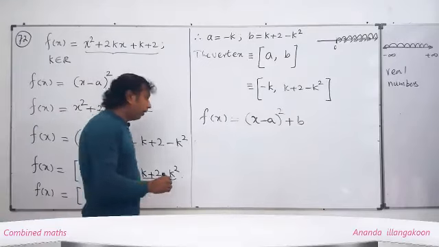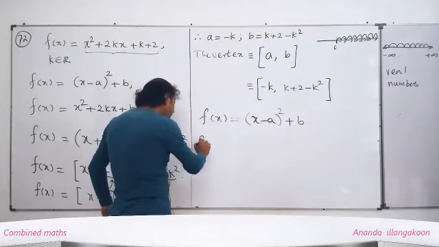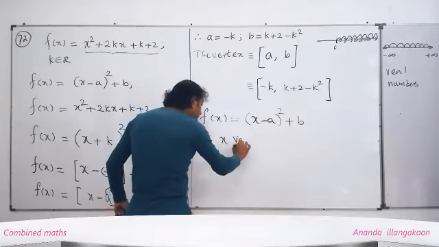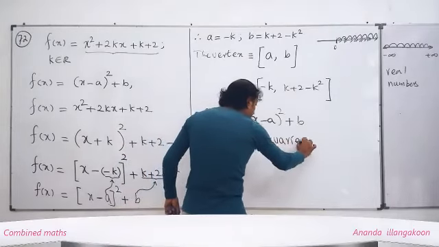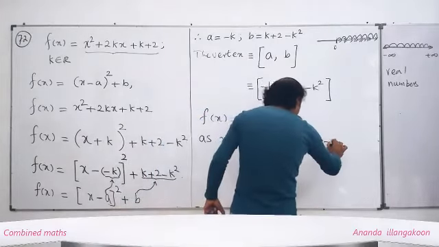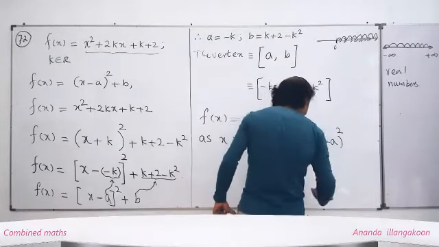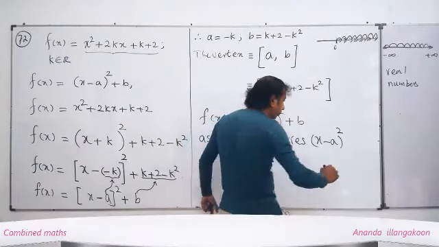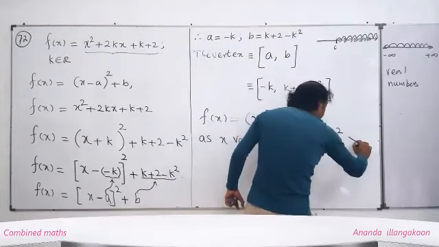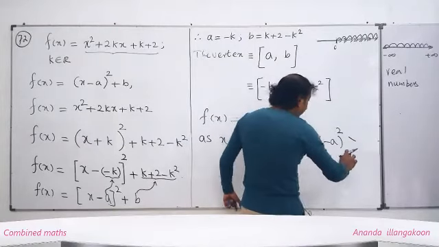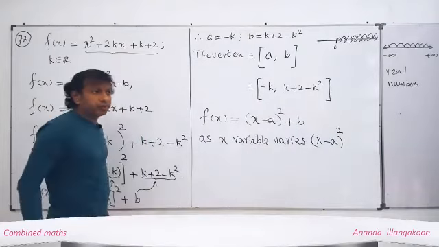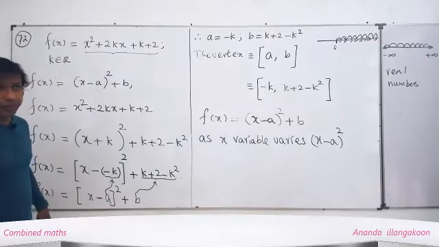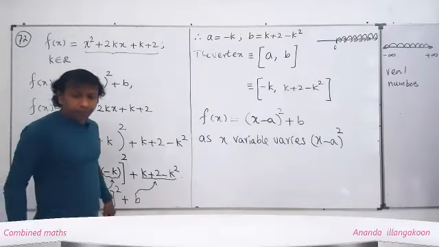Write down, you can write, as the variable x varies, x minus a perfect squared is either positive or zero.